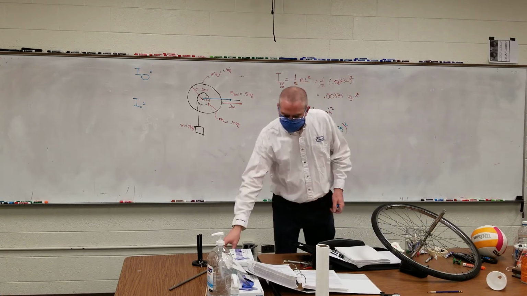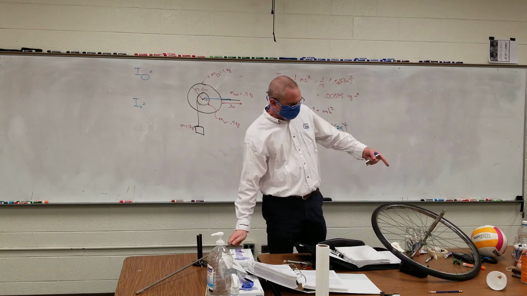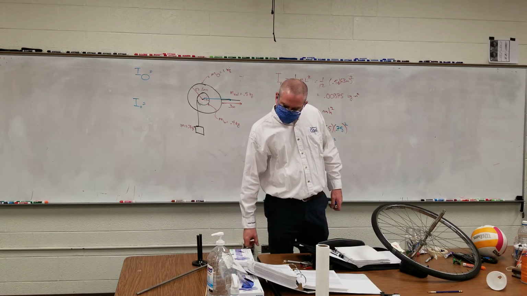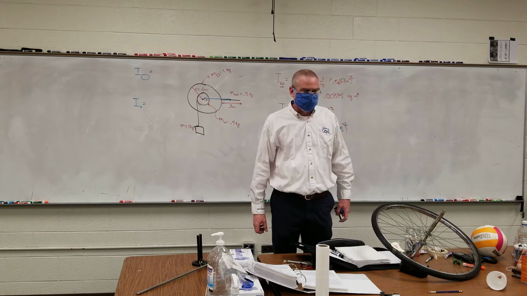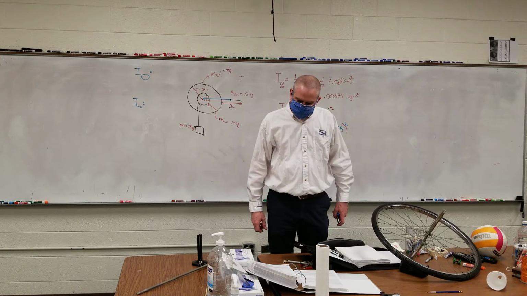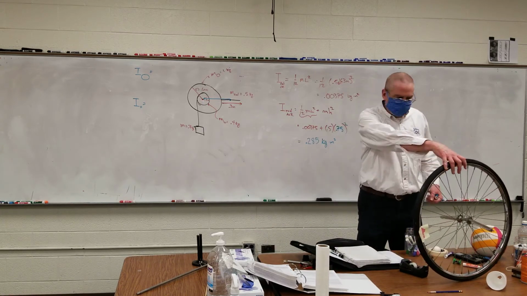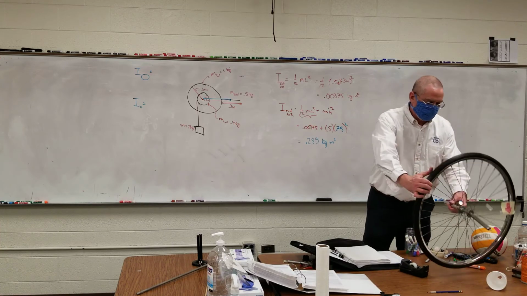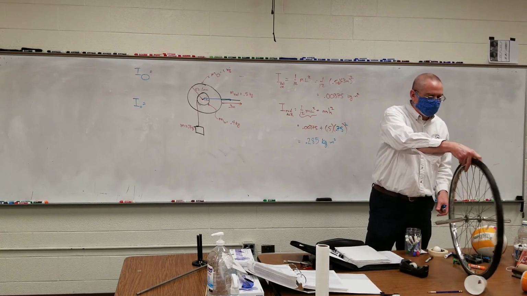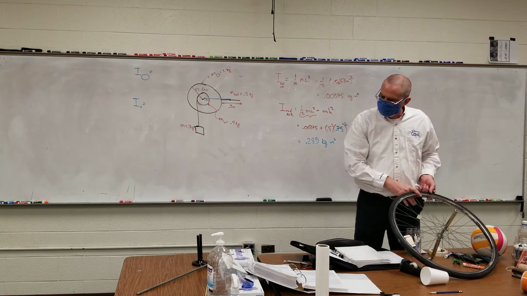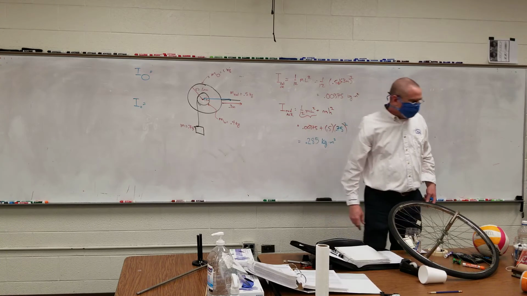Thin rod about its center, thin rod about the end, solid sphere about its diameter, thin spherical shell about a diameter, in other words like a ping pong ball, hoop about any diameter. So earlier it was a hoop rotating about the center, and the last one is a hoop rotating about that. And then a slab rotating about its center.